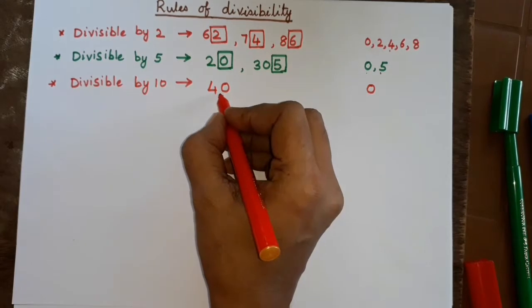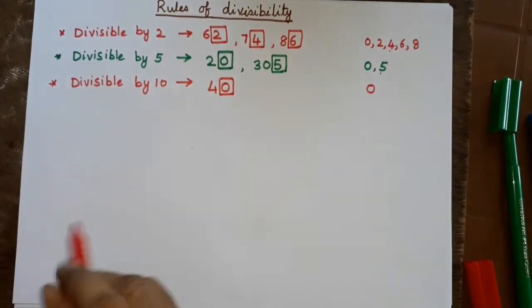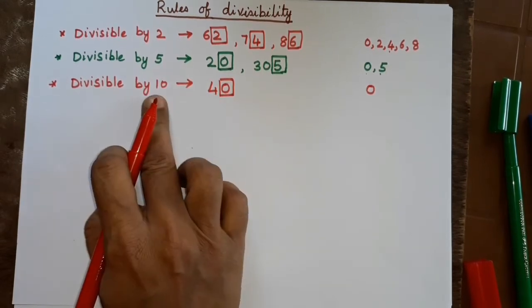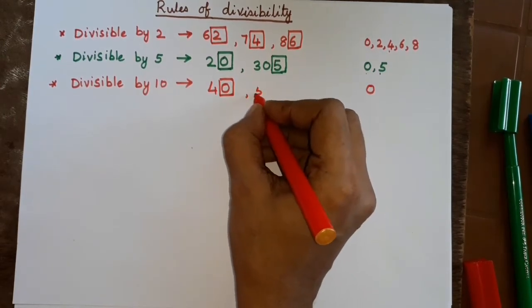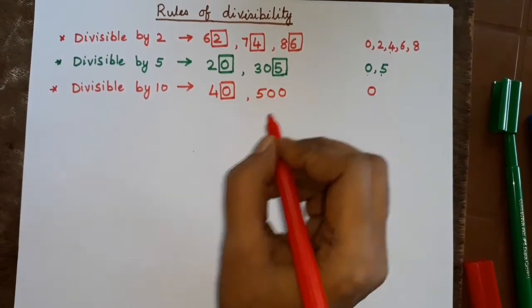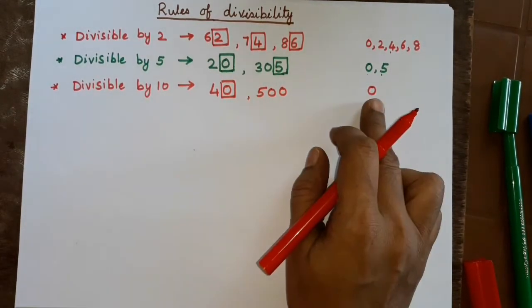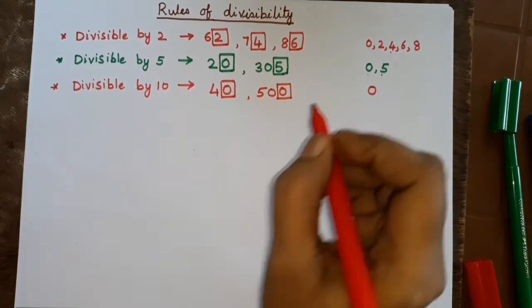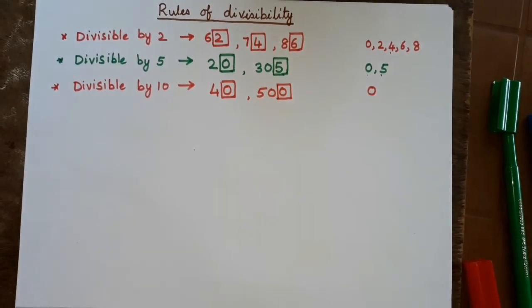In the units place, is it 0? Yes, it is 0. So 40 will be divisible by 10. Now let's consider 500. Is it divisible by 10? What will we check first? In the units place, is it 0? Yes, it is 0. So 500 will be divisible by 10.